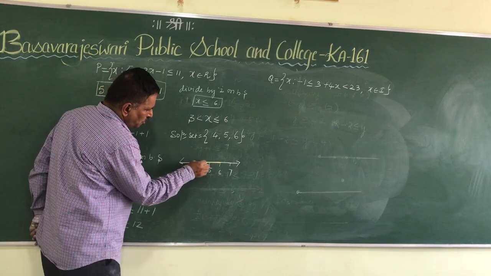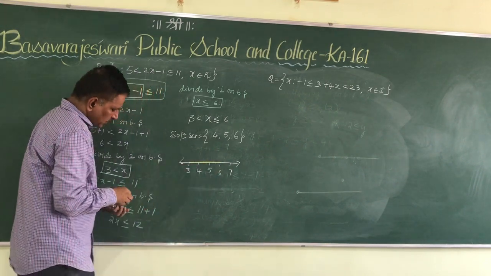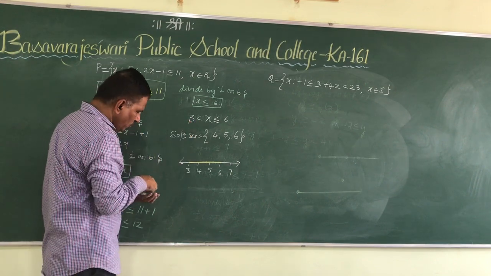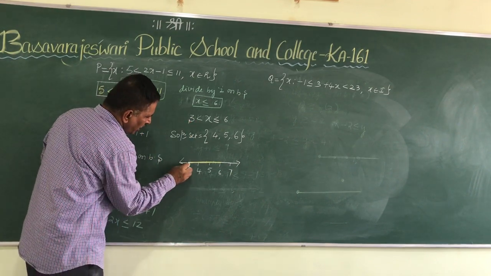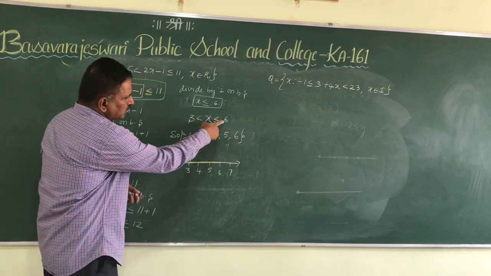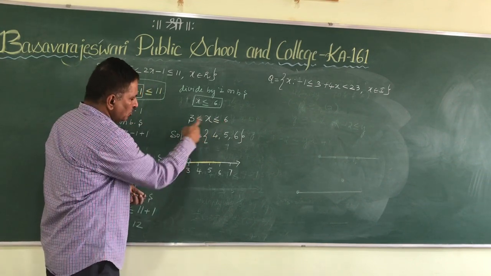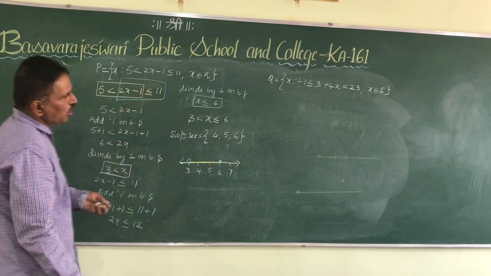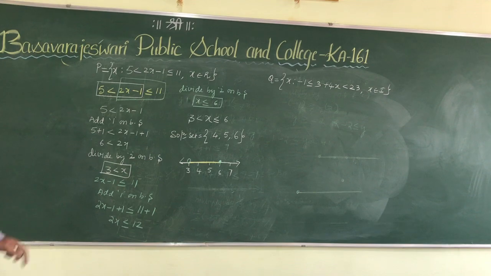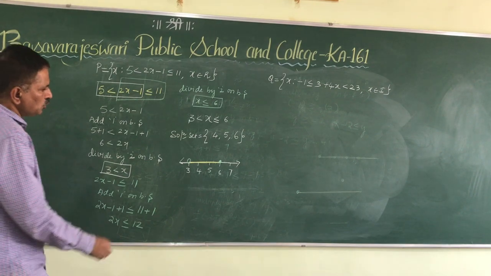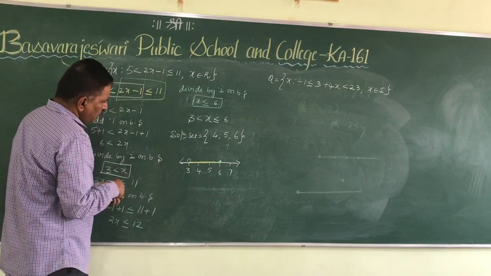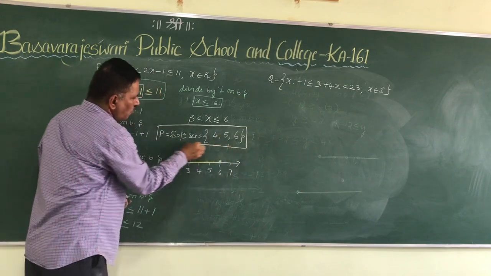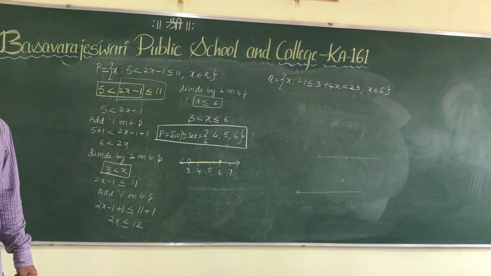For 3, the equal sign is not given, so it is not included. That means you have to put an open circle. For 6, the equal sign is given, so it is included. Hence you have to put a solid circle for this. This is how we represent the number line. So therefore, the solution set of P is 4, 5 as well as 6.